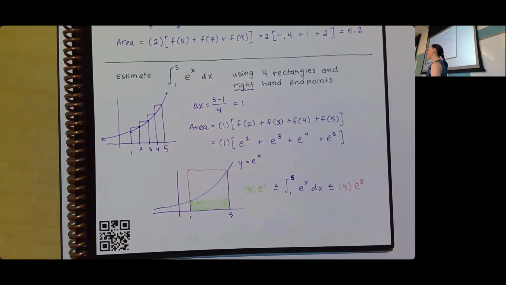Okay, so places I plan to go today. I think that we should talk about definite integral notation and some of the properties. And then I think we've got time to talk a little bit about antiderivatives.